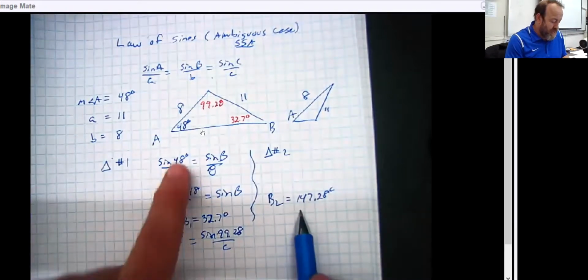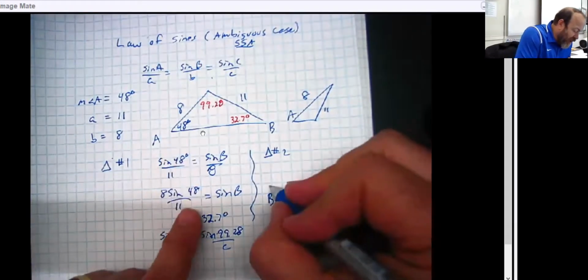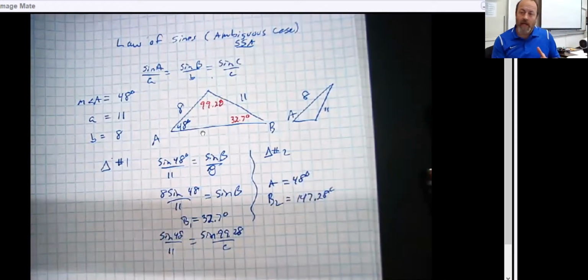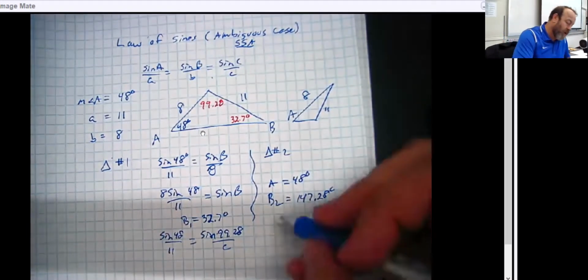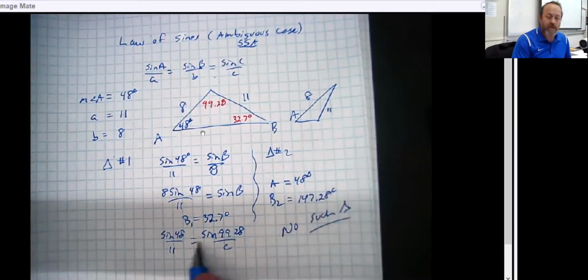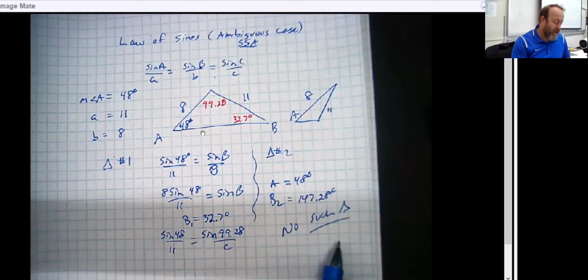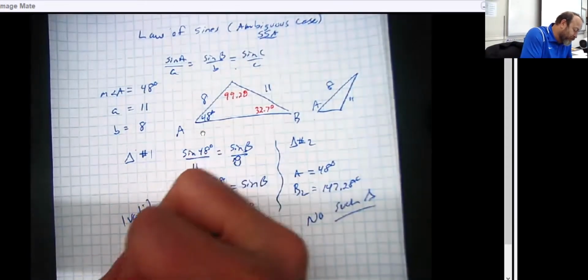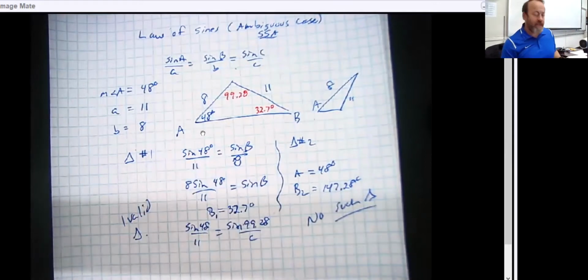Well, that's not possible, because if angle A is 48 degrees, we're already over 180 degrees with another angle to go. So there is no such triangle over here. Although this triangle is good, this triangle is terrible. So there is one valid triangle. Okay, pretty simple little idea.